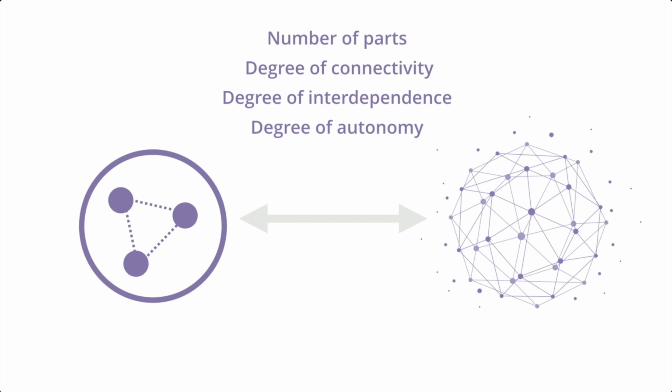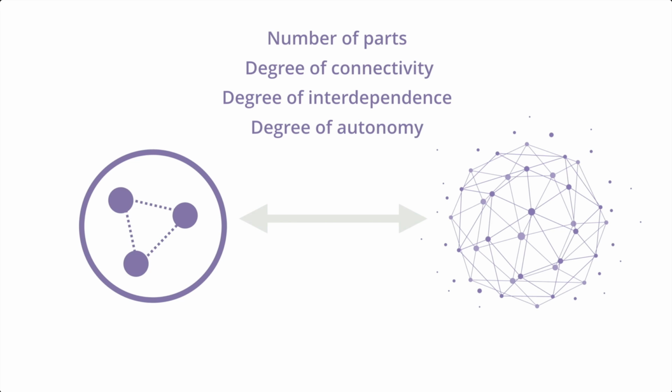And a complex system has the properties of having many parts with a high degree of interconnectivity between those parts. There's also a high degree of interdependence between those set of parts that have a degree of autonomy. The individual parts have a degree of autonomy and sometimes adaptive capacity.